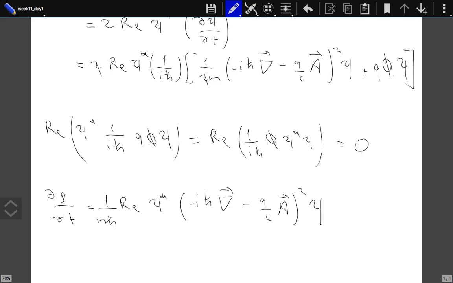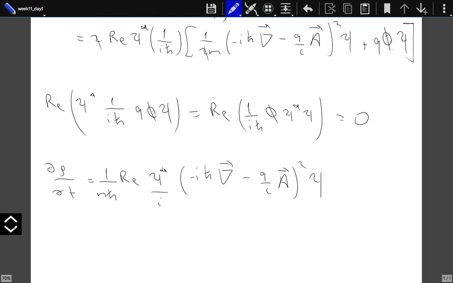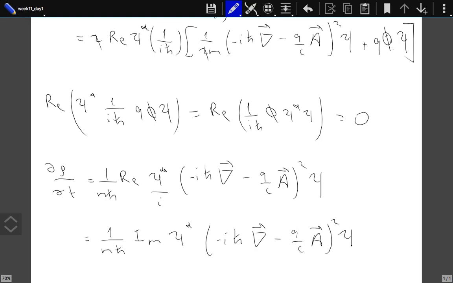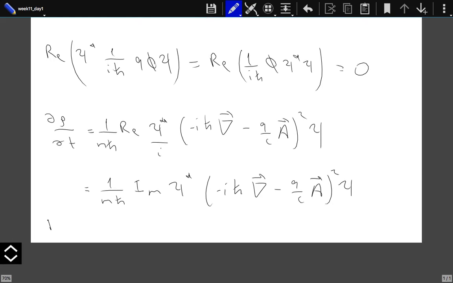You have to divide by i. So this is 1 over m h bar times the imaginary part of ψ* (minus i h bar gradient minus q over c A) squared ψ, because the real part of a complex number divided by i is nothing but the imaginary part of that complex number.